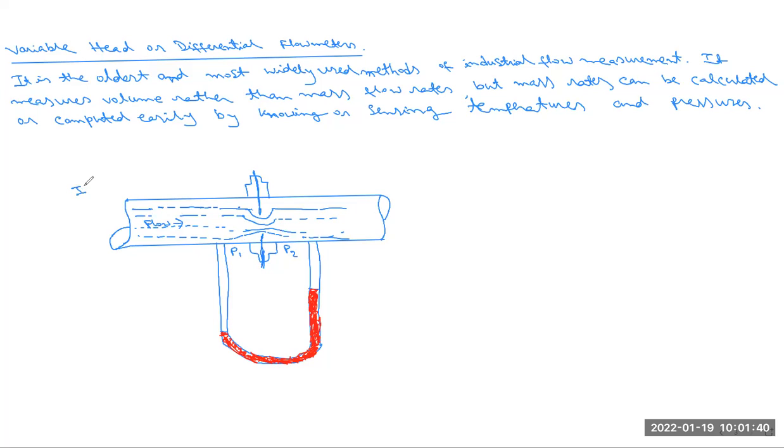This is the input terminal and this is the output terminal of the liquid. This is the pipe where we flow the different liquid. This is the mercury. This is the U-tube manometer.